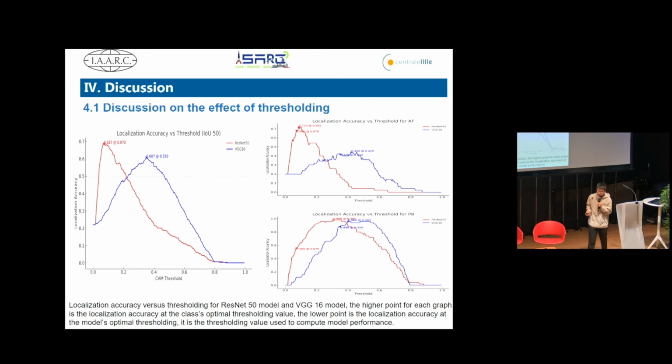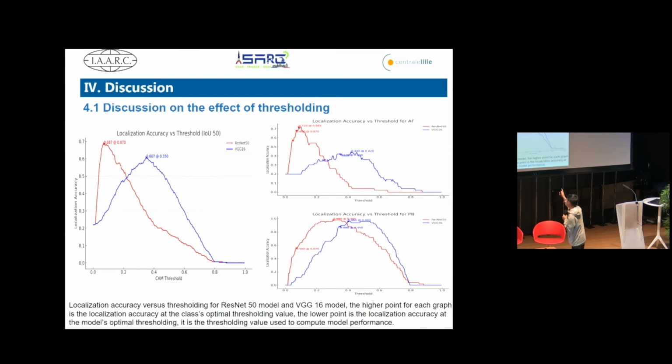But the question is, do we set a fixed threshold value for all the images, or do we apply a different threshold value for each defect class due to each class's unique characteristics? This is the localization accuracy varying with the threshold value. We can see that the ResNet-50 model reaches its maximum localization precision at a threshold value of 0.07.